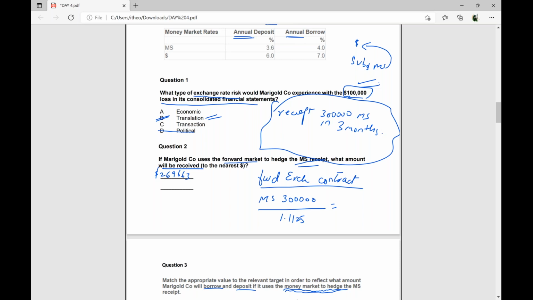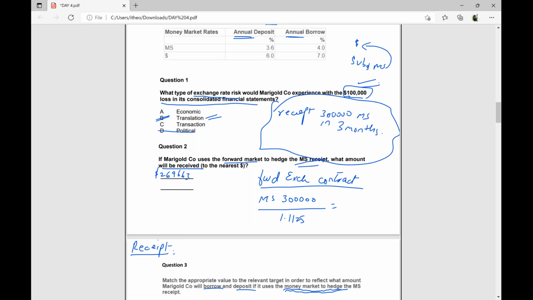Now, when you talk about money market hedging, always remember it has some systematic steps. It's a receipt case, right?